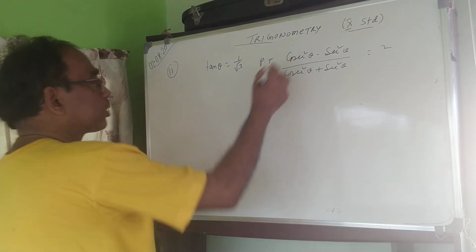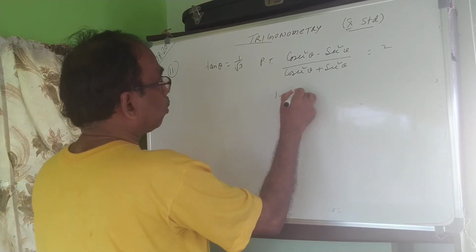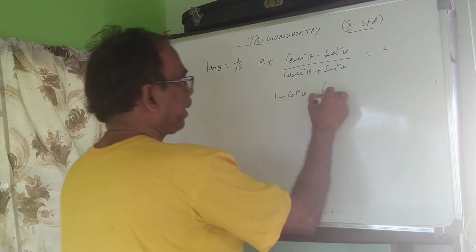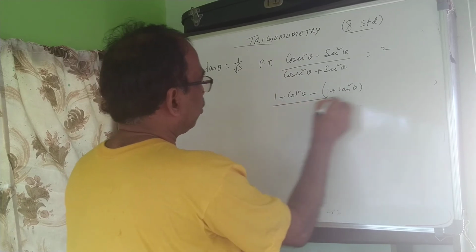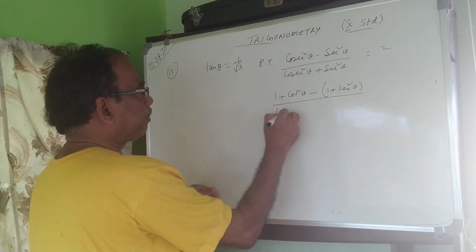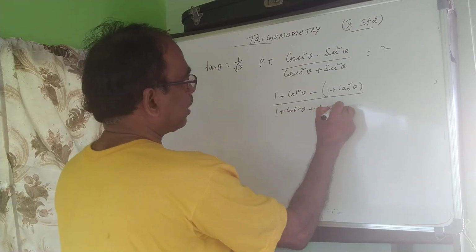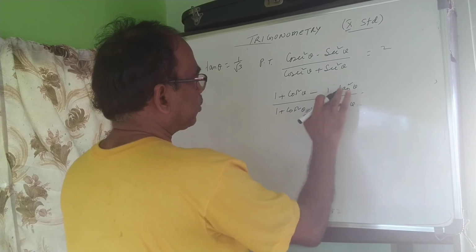So you know cosec square theta is 1 plus cot square theta and sec square theta is 1 plus tan square theta. Bracket 1 plus cot square theta minus bracket 1 plus tan square theta over 1 plus cot square theta plus 1 plus tan square theta. If you remove the bracket, the sign will be changed.